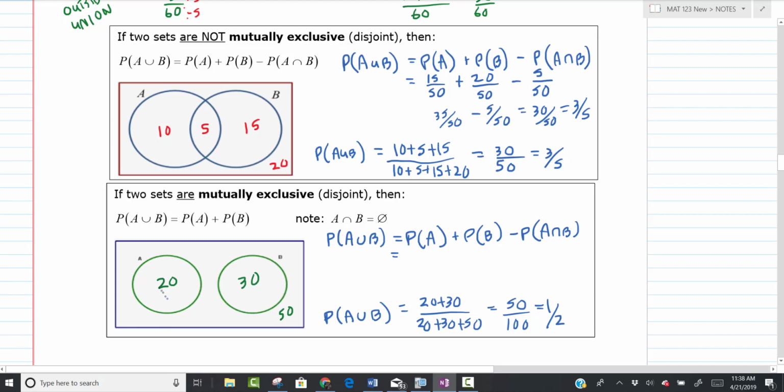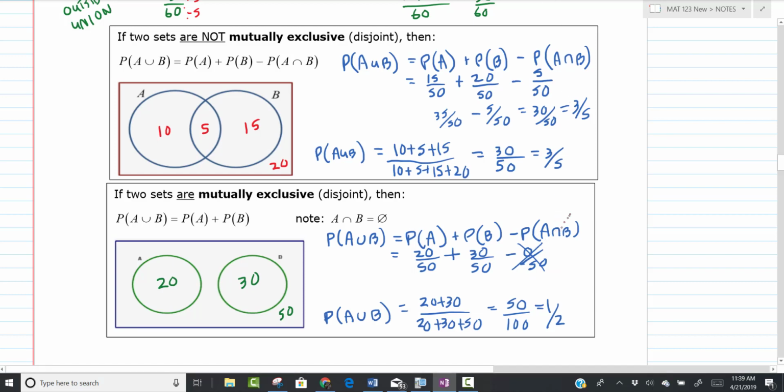The probability of A in this problem is 20 out of 50. The probability of B in this example is 30 out of 50. What's the intersection? The intersection's nothing, so it's 0 out of 50. Notice you don't have to worry about that. So you get 50 out of 100, a 1/2 probability.